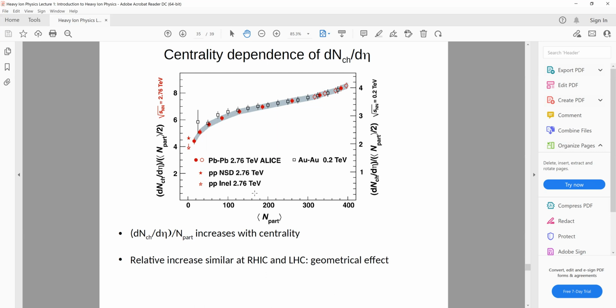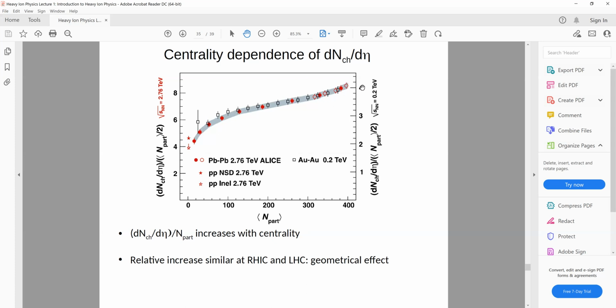And what we have seen is that the relative increase per participant is similar at RHIC and LHC. Basically, the dN/dη as a function of centrality might be different, but when you scale this dN/dη with the number of participants, what you see is that the relative increases are the same.